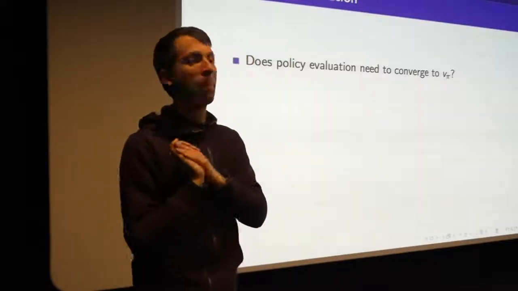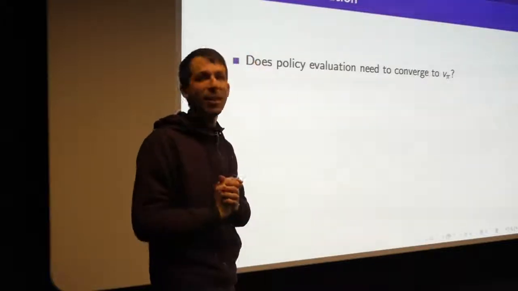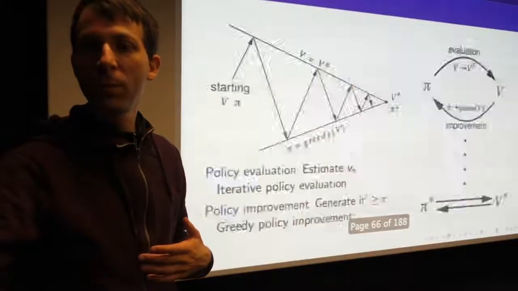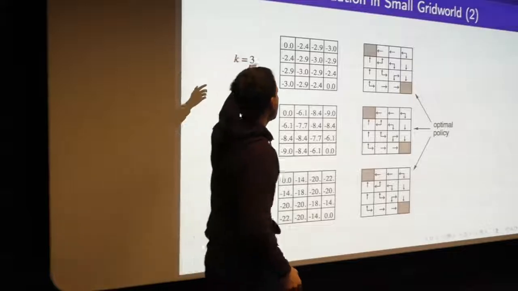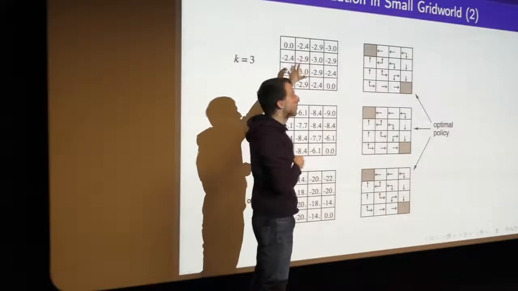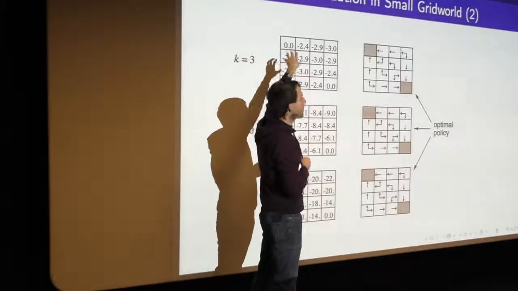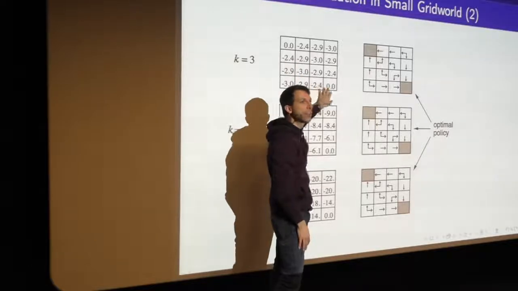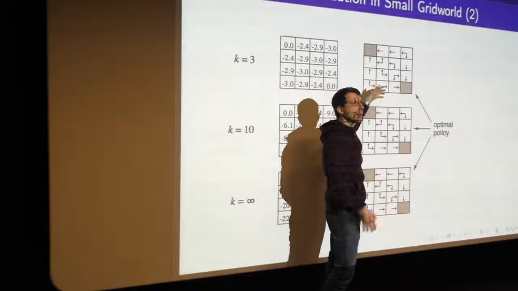Okay? So there was a great question there. If we go back to our example of the small grid world, we saw that even after doing a very approximate job of figuring out the value of our policy, even if you didn't figure out exactly your V pi, even if you just did a few iterations of your Bellman expectation equation, you got some very crude estimate of how good each state is, and acting greedily with respect to that was already enough in this problem.